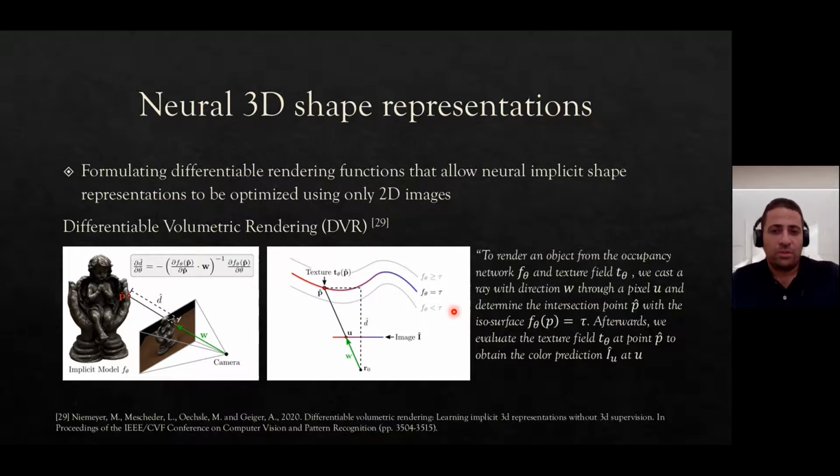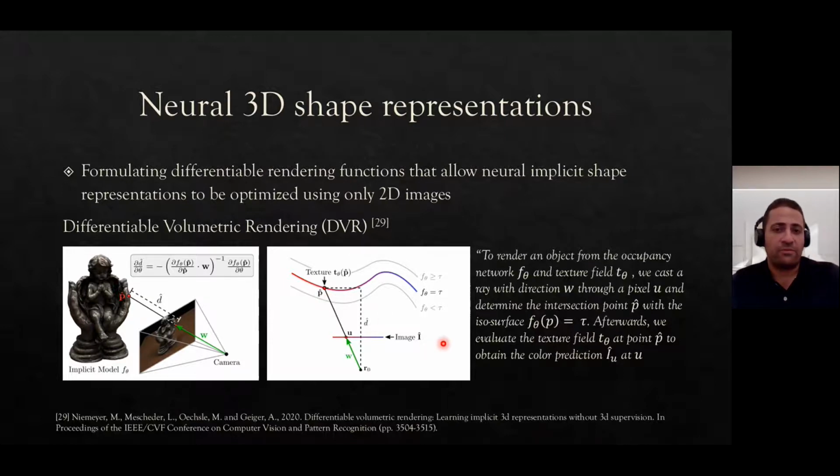Now the difference in differentiable volumetric rendering is that it trains two networks. One is f of theta, which represents the 3D shape itself, and t of theta, which represents the texture at the point that we are trying to render.